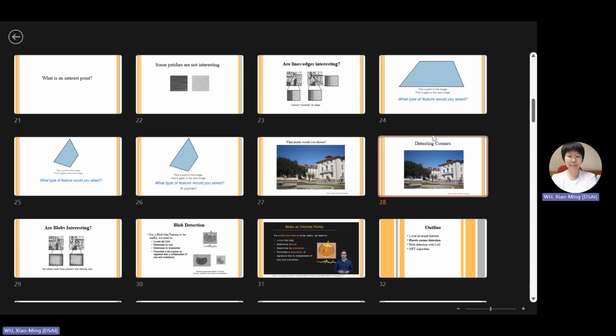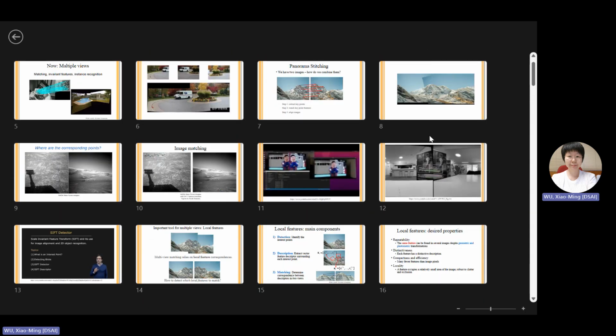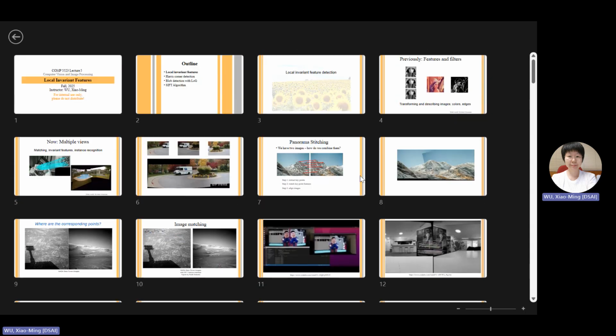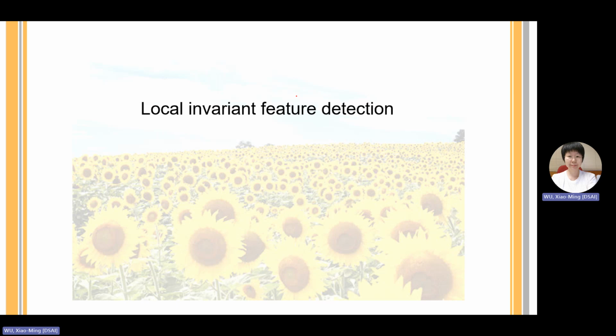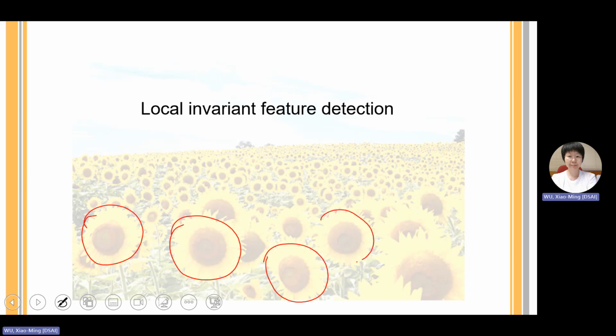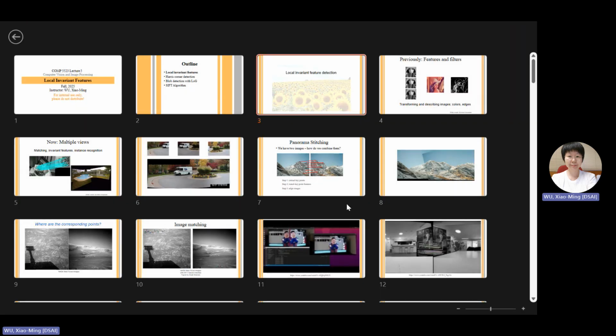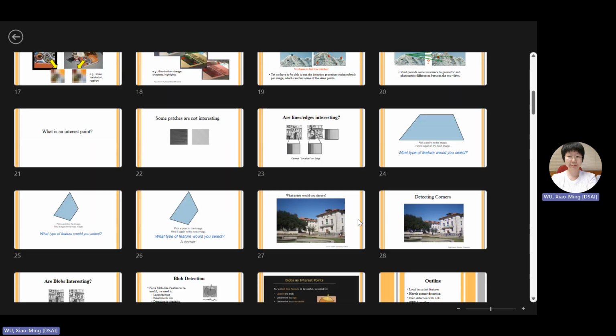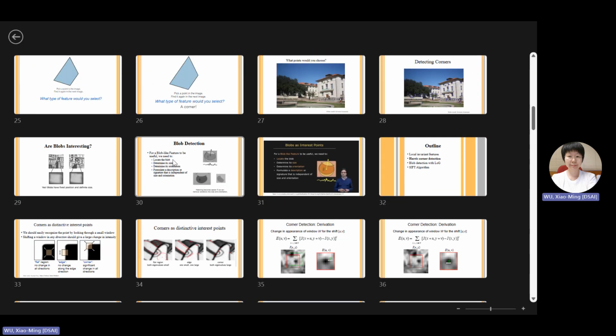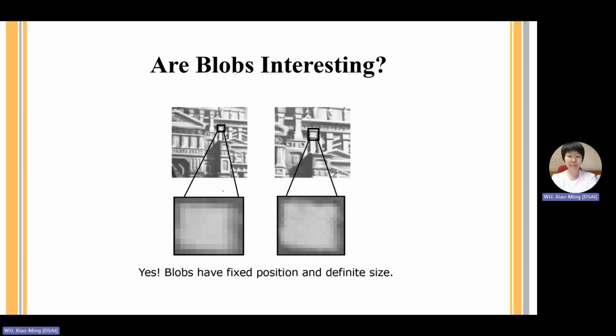Not as interesting as, you know, from the video, they call blobs. Blobs. It's a loose term here. We call this blobs. So the SIFT detector is designed to identify blobs.